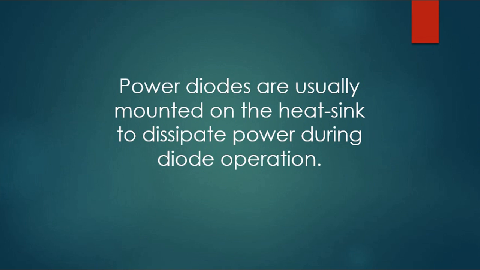That is to show you that no matter how strong a thing is, there must definitely be a breakdown at some point. So in that case, it also uses a heat sink to dissipate power during diode operation.